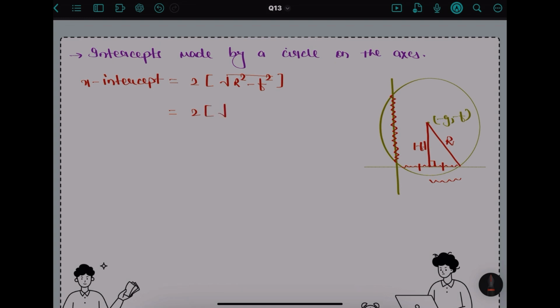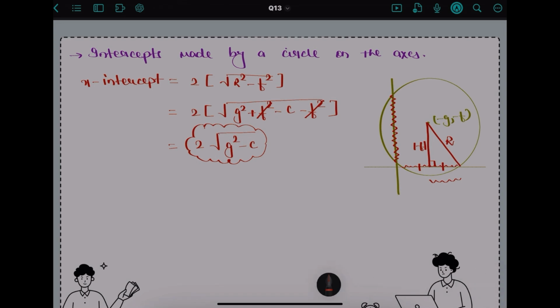Radius square was g square plus f square minus c, minus f square. So this f square and that f square will vanish, and we will be left with 2 times root under g square minus c. So this is your x intercept. That is, 2 times root of (coefficient of x by 2) square minus c.